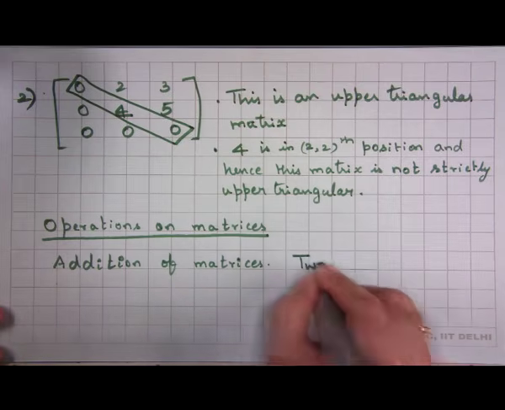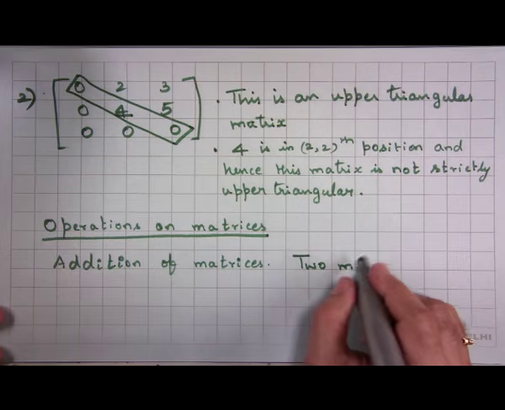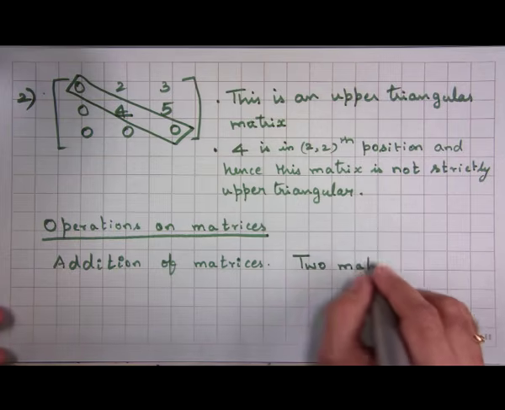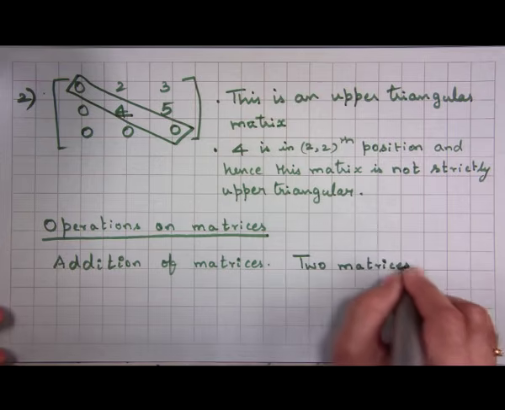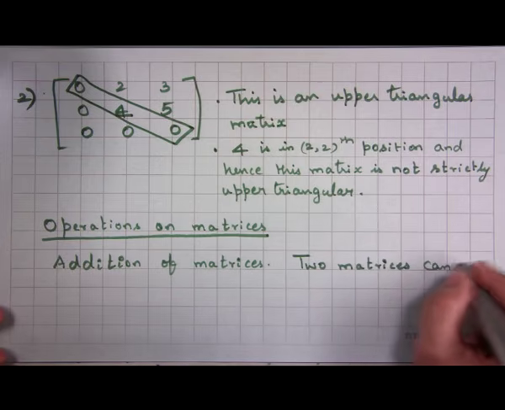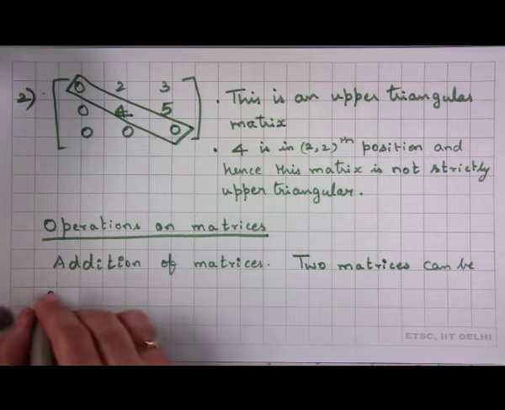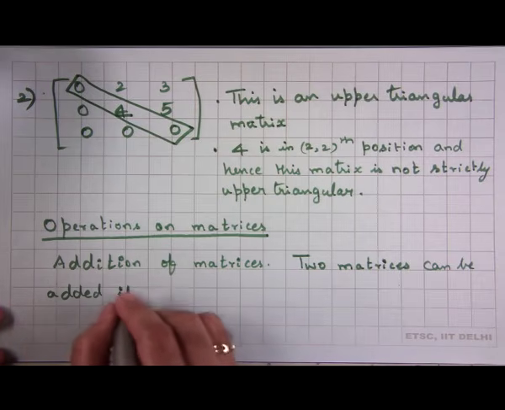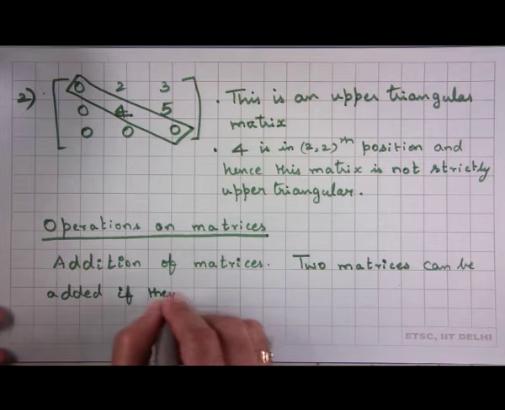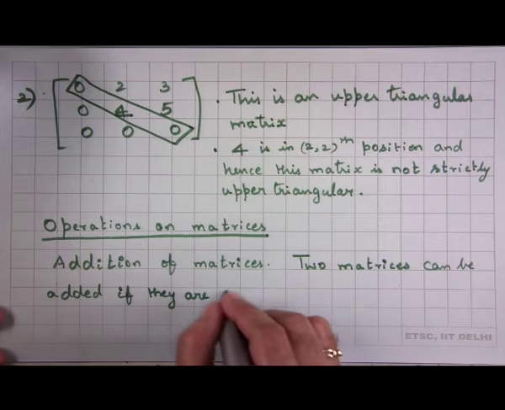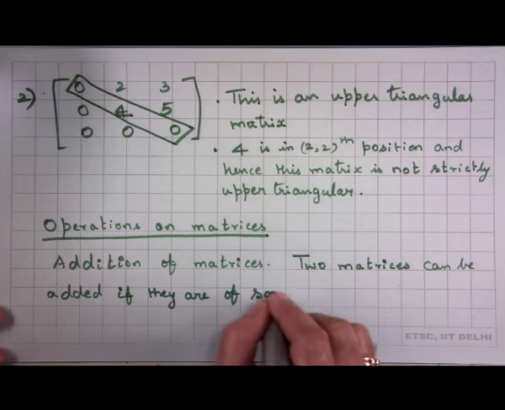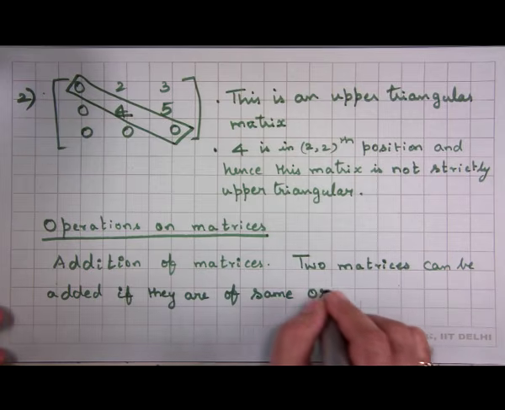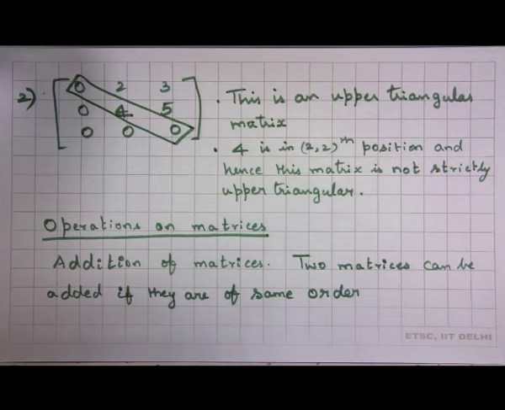Two matrices can be added if they are of the same order, right. Two matrices of the same order, only then you can add them.